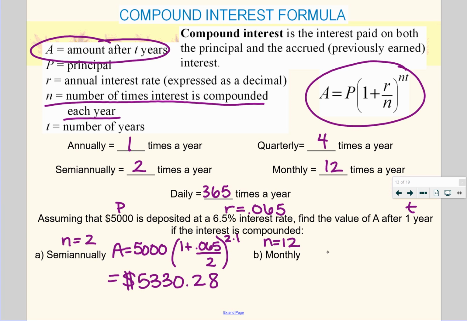Monthly, same thing, just change your N to 12 in your formula. Type it in, see what you get. $5,334.86 if you round to the nearest penny.